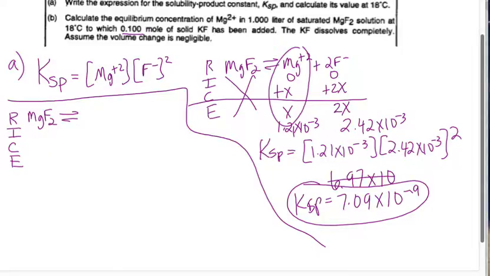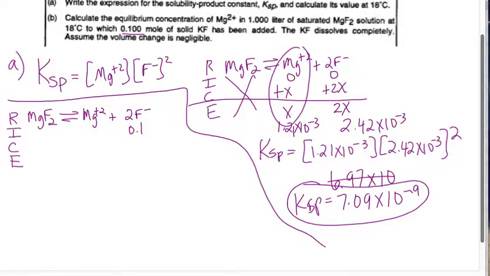F minus, because we're adding KF, so that 0.1 is now our starting concentration of F minus. Now students say, why don't we multiply it by 2? No. The person that stressed the system put 0.1 moles in there. They didn't put 2 moles in there. They put 0.1 moles in there. So that's what you put here.